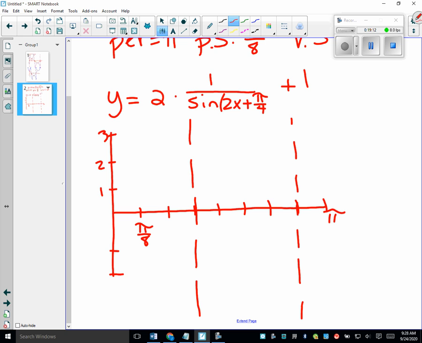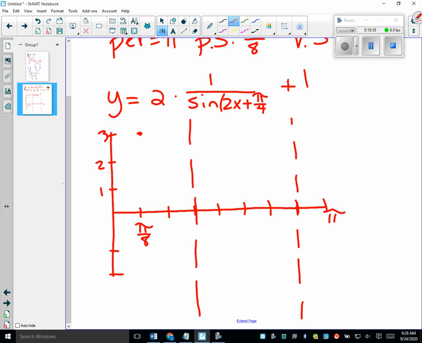It's at 3 pi over 8, and it's 3. Is it 3 because of the 2 and then the 1? Yes. We moved it up 1, and then we went up 2. Right?